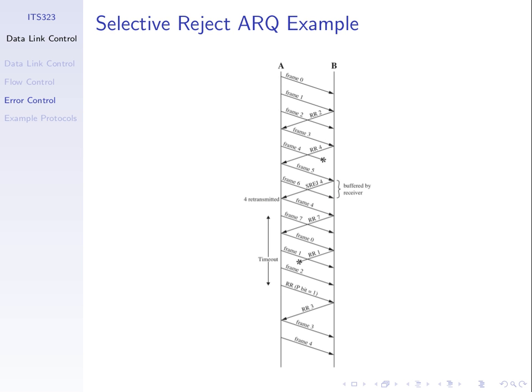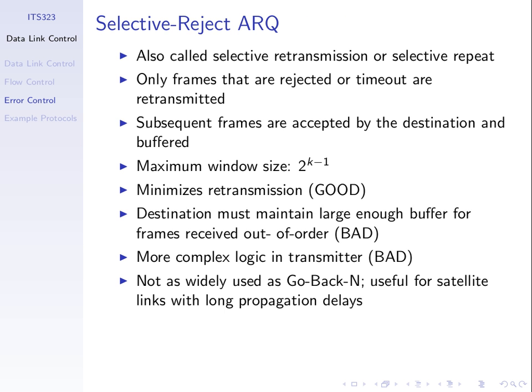The rest are the same. Selective reject, also called selective retransmission. We don't retransmit a set of frames, we select one to retransmit, or we reject one. Selective reject compared to go back N minimises the retransmissions. That's the advantage.